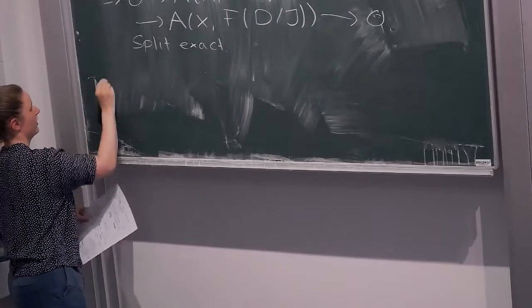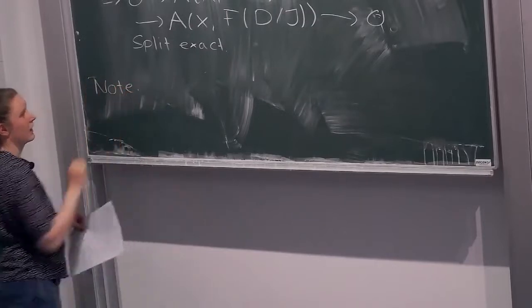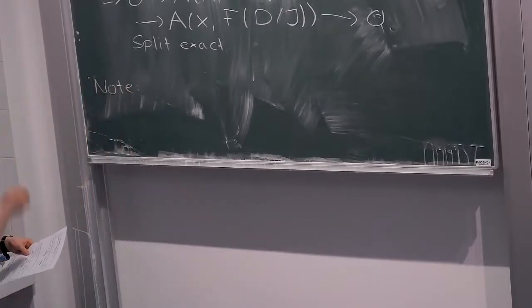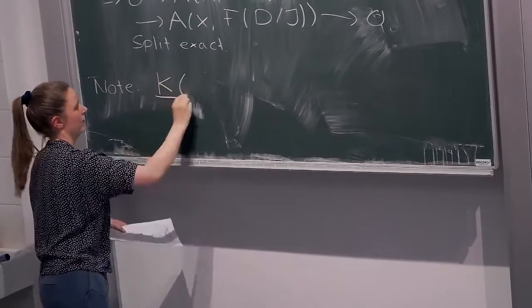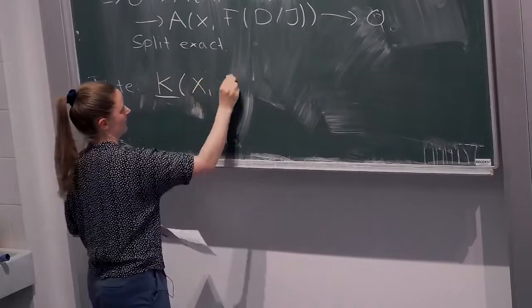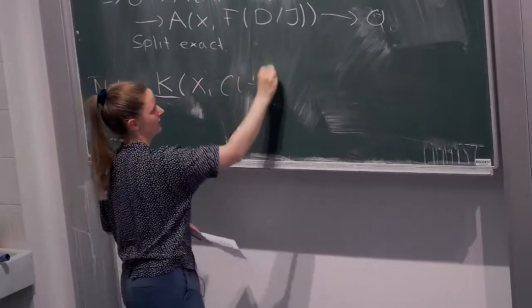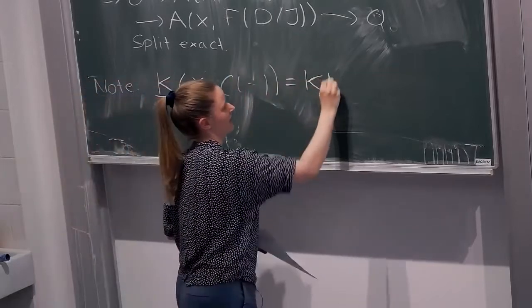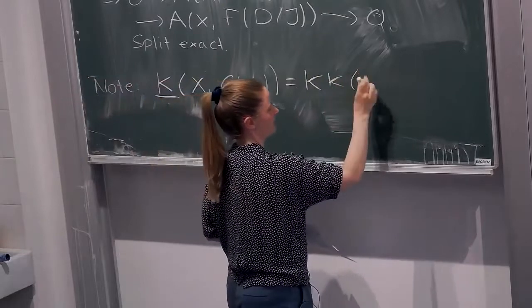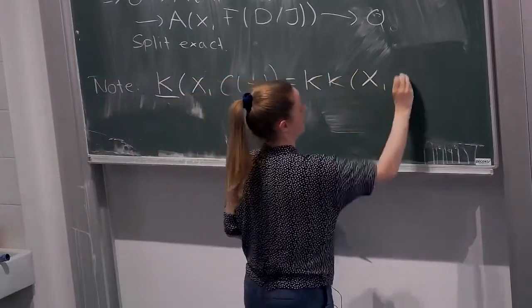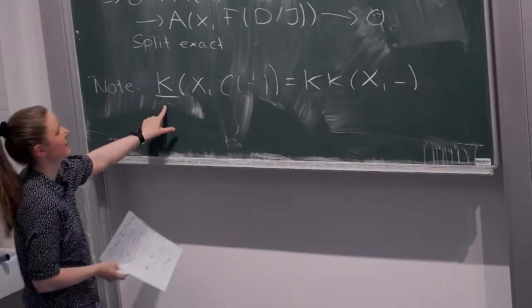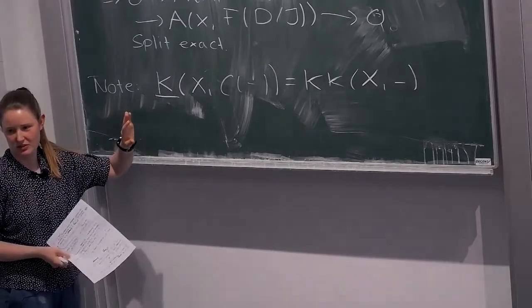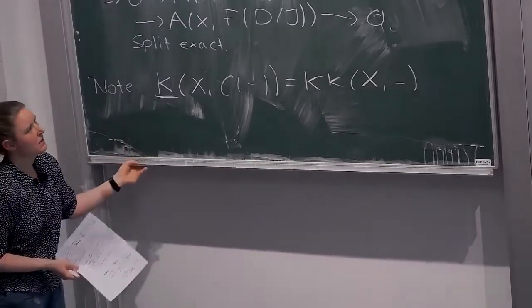So note that in the case of this category K, we have that K(X, -) is precisely just taking the KK groups. And here we saw last time that this functor satisfies all these conditions.